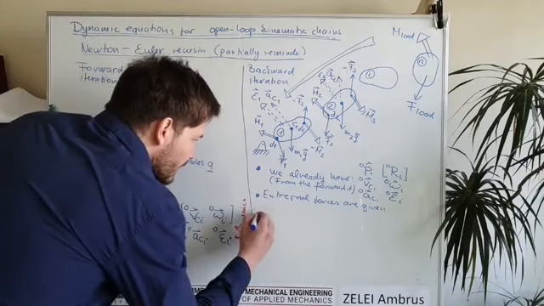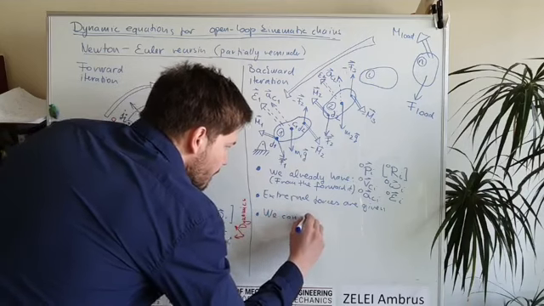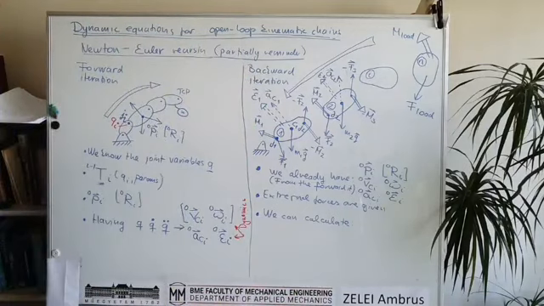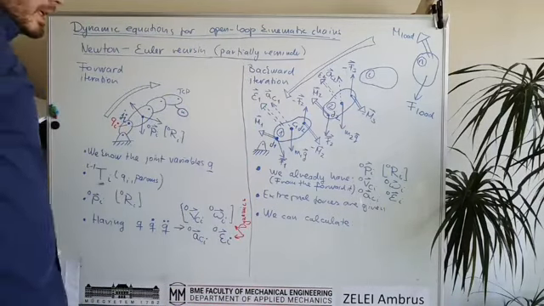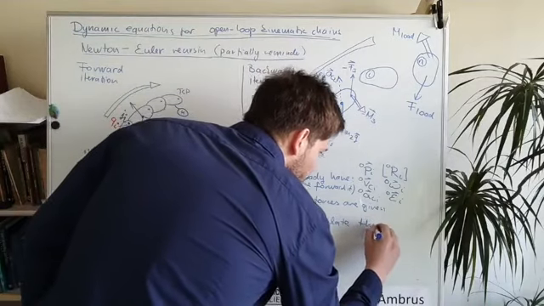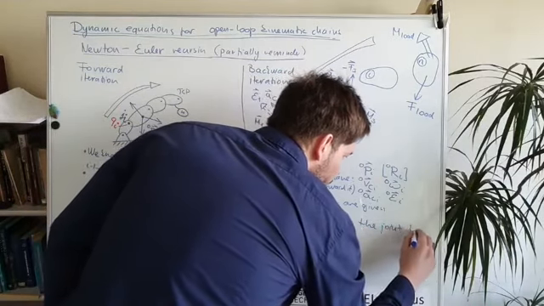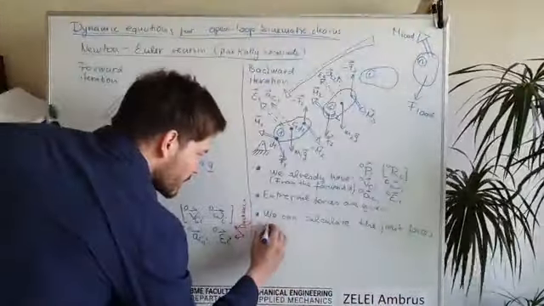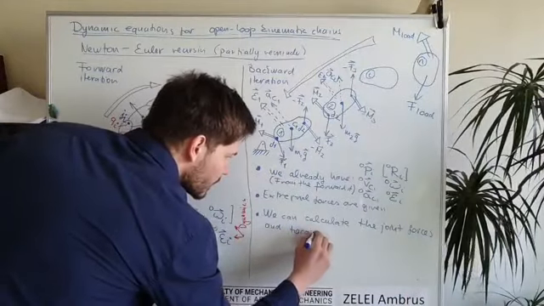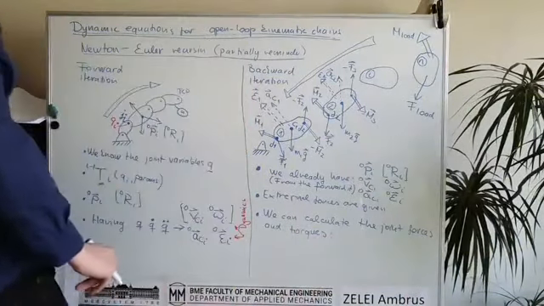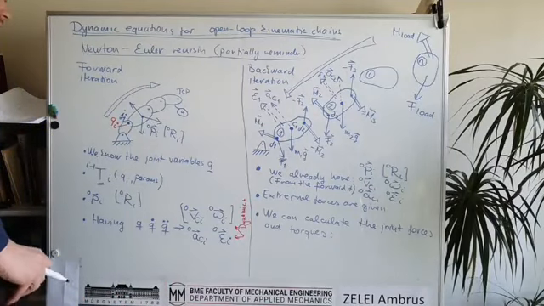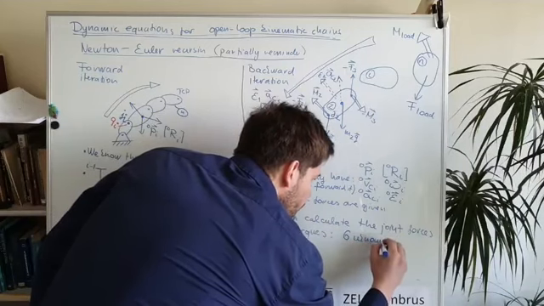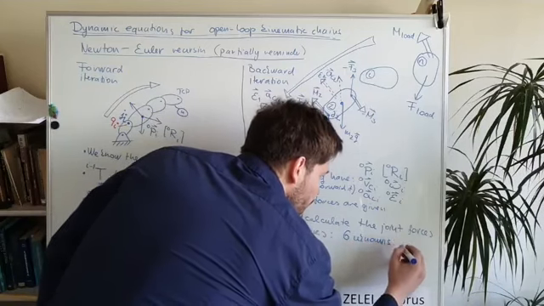And what we can calculate is the joint torques and forces, which is basically 6 equations and 6 unknowns for each link.